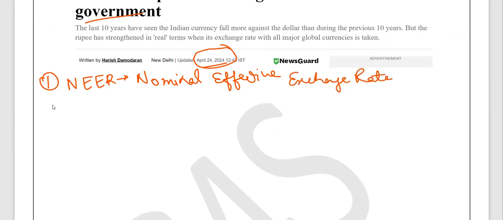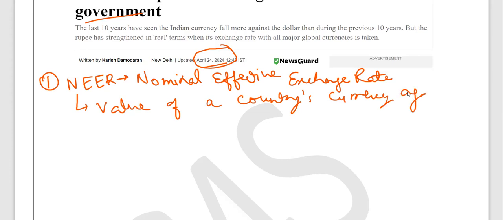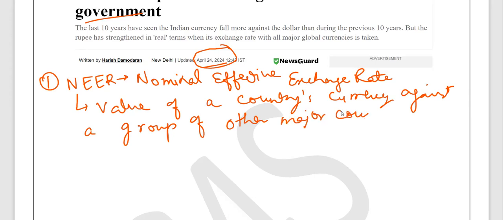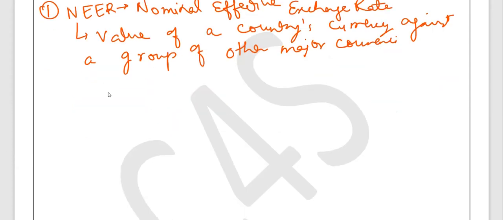It is a measure of value of a country's currency against a group of other major currencies. It takes into account the exchange rate between a country's currency and the currencies of its main trading partners.